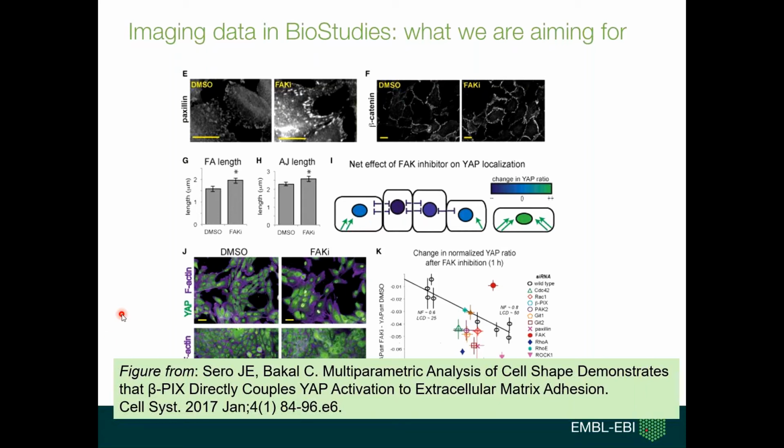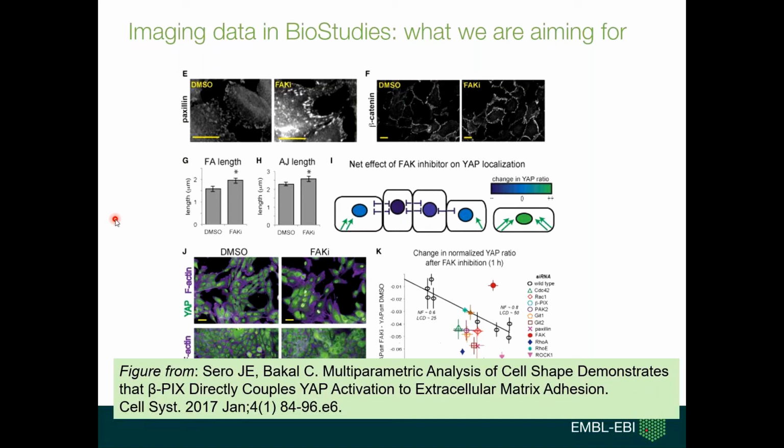If we look at a paper from Cell Systems journal, that paper would include several figures like that with panels of images. Typically, in a paper that involves imaging, you would show maybe 20 or 30 different panels of images.